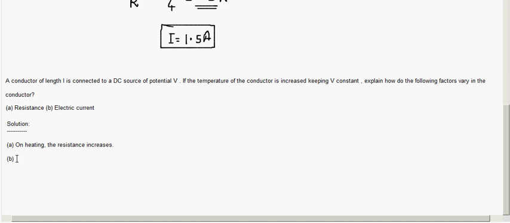I is given by V by R, and here V is kept constant, and we know R is increasing.